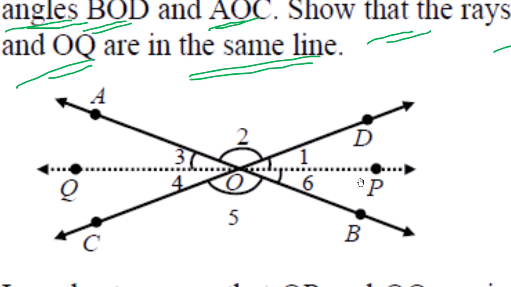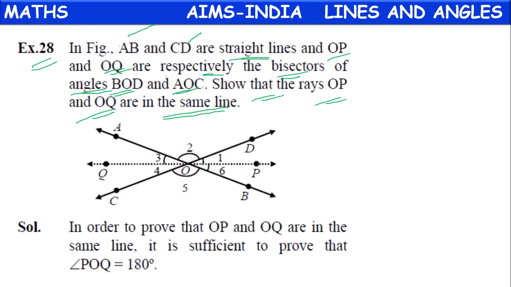Means OP line bisects this BOD into two parts, part 1, part 6. This OQ line bisects this total part into two equal parts.